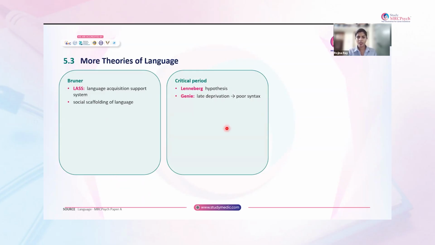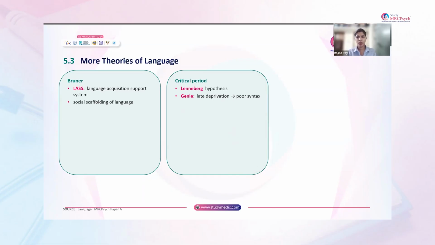Another important concept is the critical period hypothesis, proposed by Lenneberg. Lenneberg suggested that language is most easily acquired before puberty, and the evidence for this comes from the curious case of Genie, a child who experienced severe language deprivation and, despite immense training, never fully developed normal grammar or syntax after puberty.